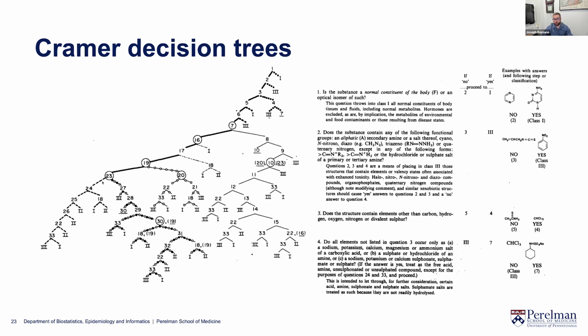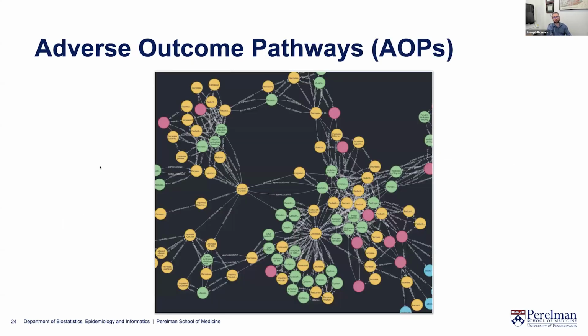If we say no, it's not a normal constituent of the body, we need to step down the tree towards question number 2. And as you filter down and ask this sort of 20 questions type sequence, you end up filtering into a specific risk category based on human knowledge about chemicals.